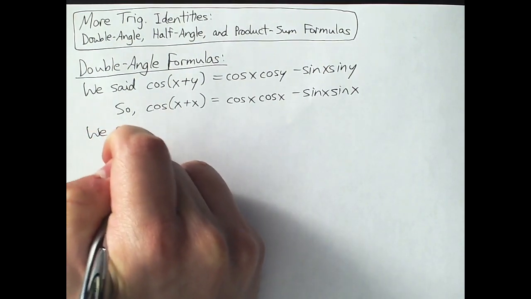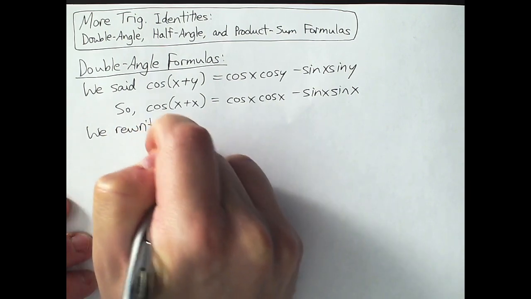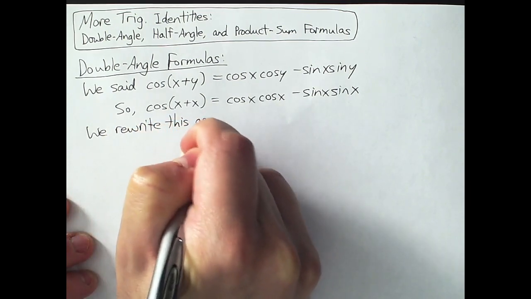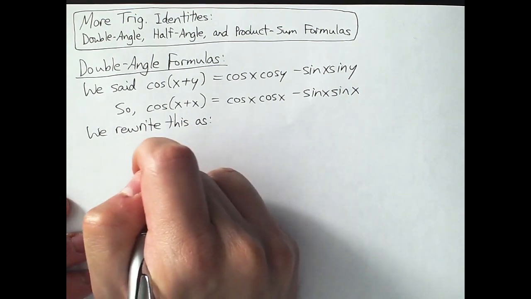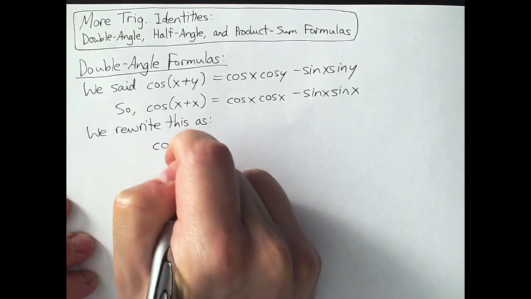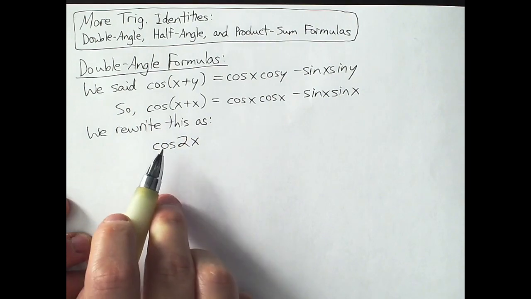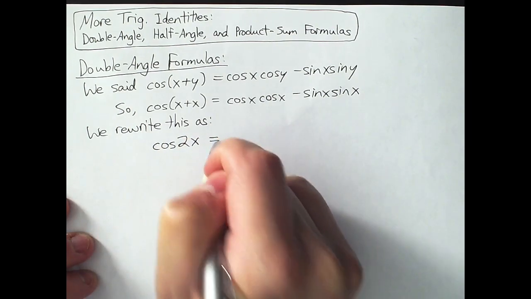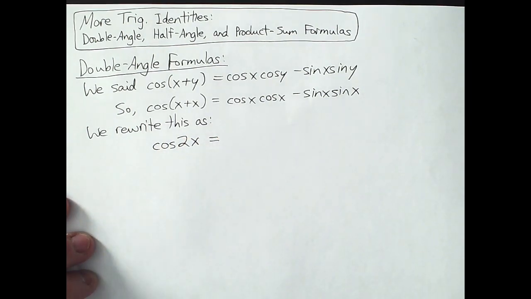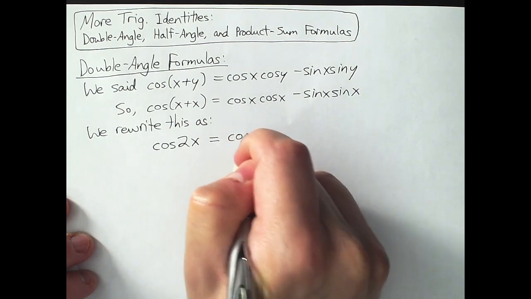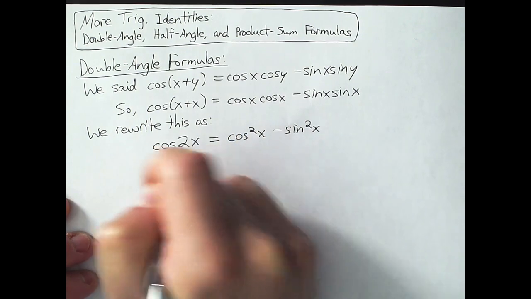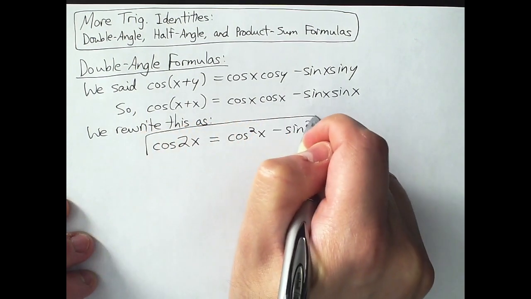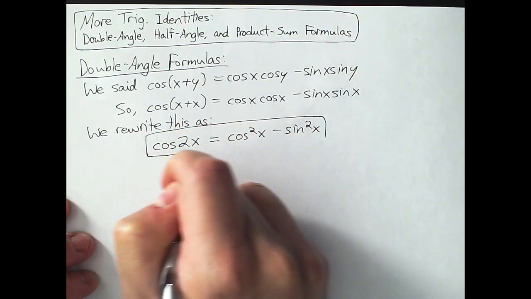And we rewrite this as, the left-hand side could be written much more simply as cosine of 2x, because that's what x plus x is, 2 copies of x. The right-hand side could be written more simply as cosine squared x minus sine squared x. I'm going to put a box around this, and this is one of the double angle formulas.